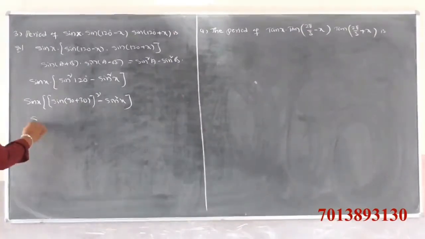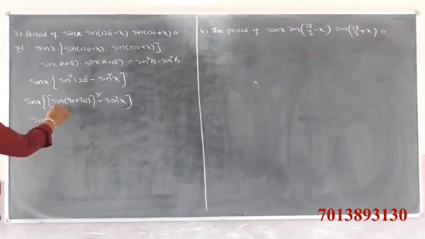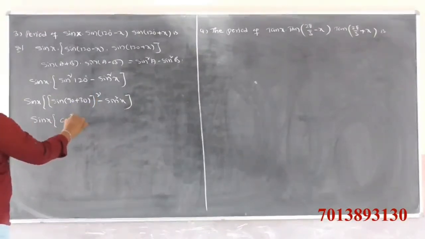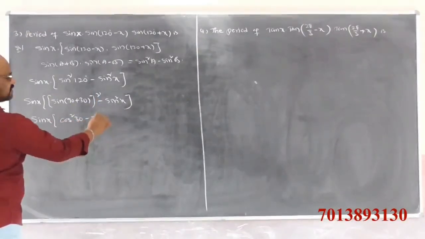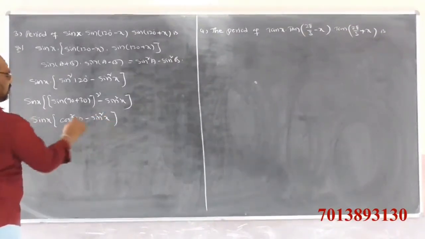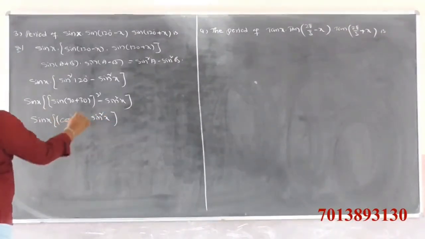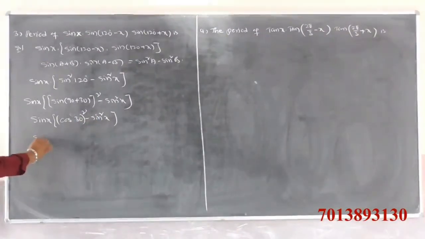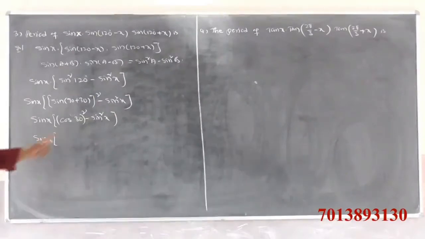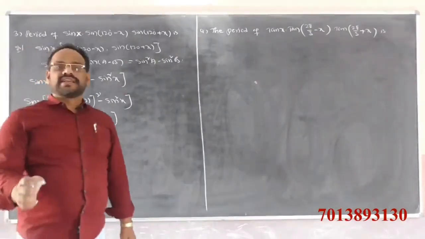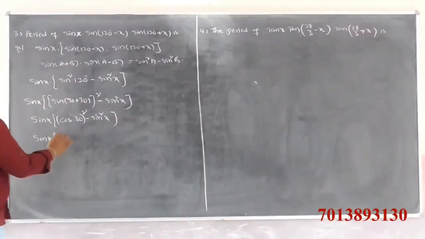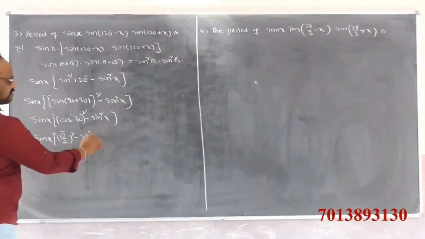So we get sin x into (cos square 30 minus sin square x). Cos 30 is equal to square root of 3 by 2, so this is (square root of 3 by 2) whole square minus sin square x.